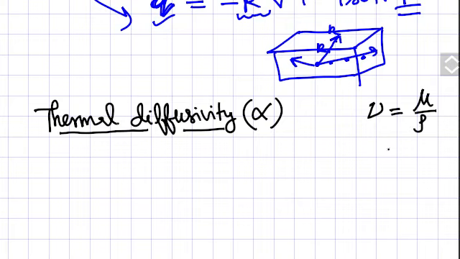Its unit was centimeter square per second, or length square per time, and this also has the same unit, centimeter square per second or meter square per second. So its corresponding parameter is thermal diffusivity.